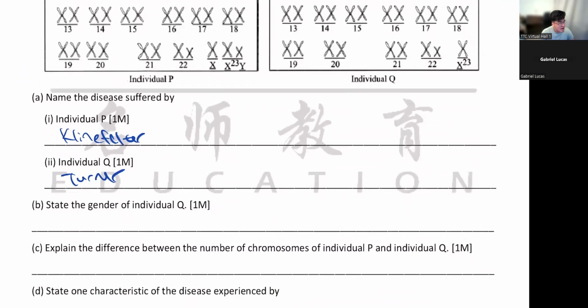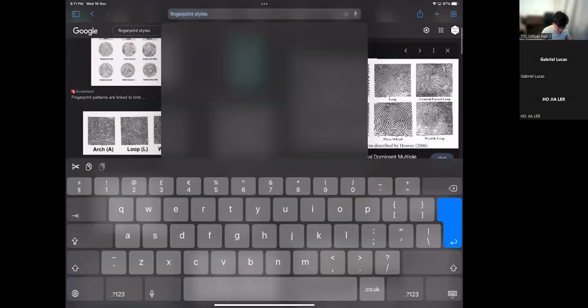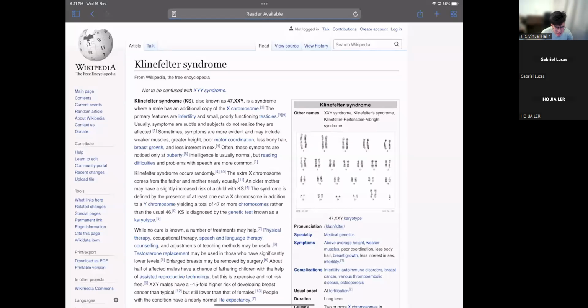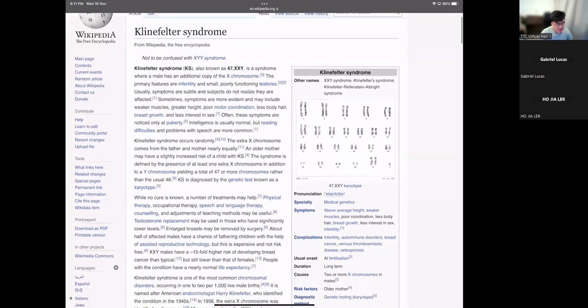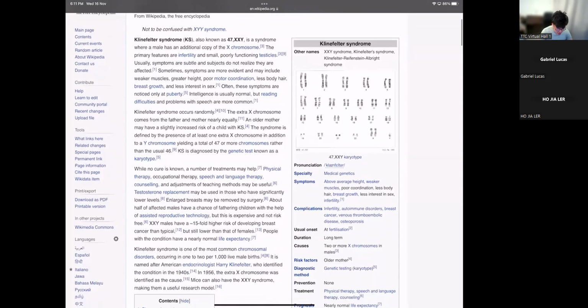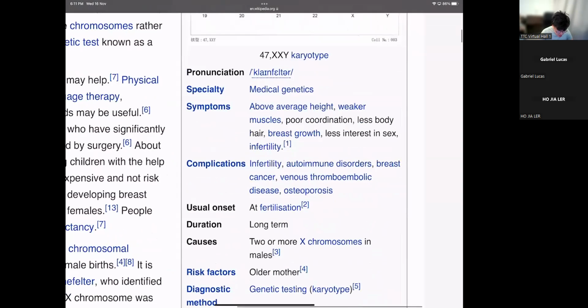Right? Guys, Klinefelter, you're still considered normal. Let me tell you something. Some people say we know that Turner, you're for sure mentally retarded. But Klinefelter, you are not really retarded. You look at the symptoms: above average height, weaker muscle, poor coordination, less body hair, breast growth, less interested in sex, infertility.